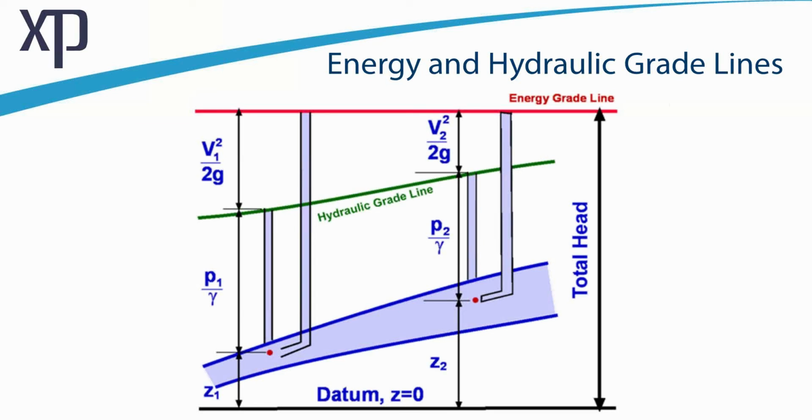The energy grade line, the red line at the top, is a function of the velocity head. So it's the velocity squared divided by 2 times gravity, and that's the separation between the hydraulic grade line and the energy line. The hydraulic grade line, of course, tells us water elevations, and that can assist us in designing infrastructure for upgrades.